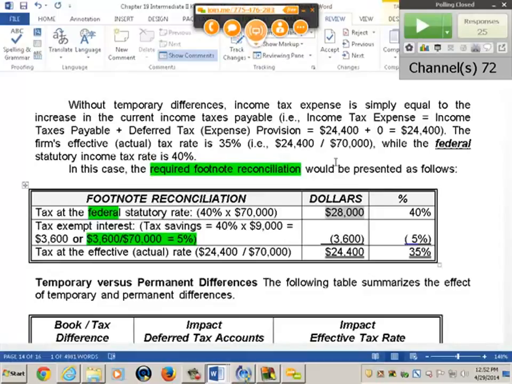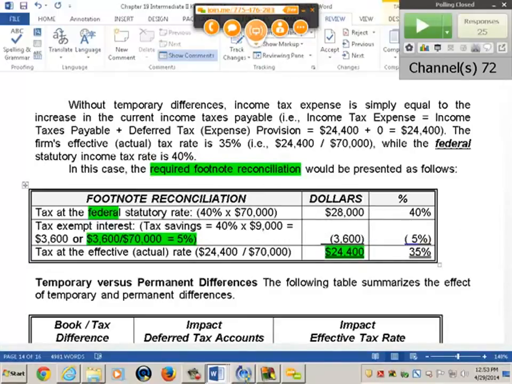They don't find it. They go to the footnote to find out why. They find out you had tax-exempt interest, and that tax-exempt interest saved you $3,600, and it brought the tax amount to 24.4. And this is what you find on your income statement. So 24.4 is what you find on the income statement.